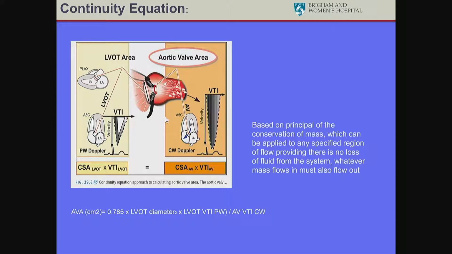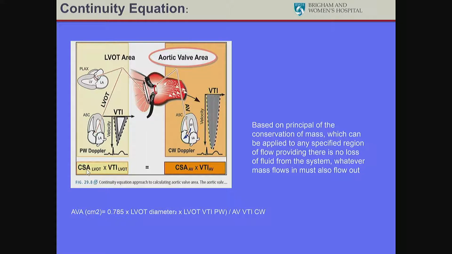The most common clinical area where the continuity equation is applied is the calculation of aortic valve area in a patient with aortic stenosis. Here, the flow velocity integral of the left ventricular outflow tract is measured with pulsed Doppler, as is the annulus of the aortic valve, and also the flow velocity integral across the stenotic aortic valve is measured by continuous wave Doppler.